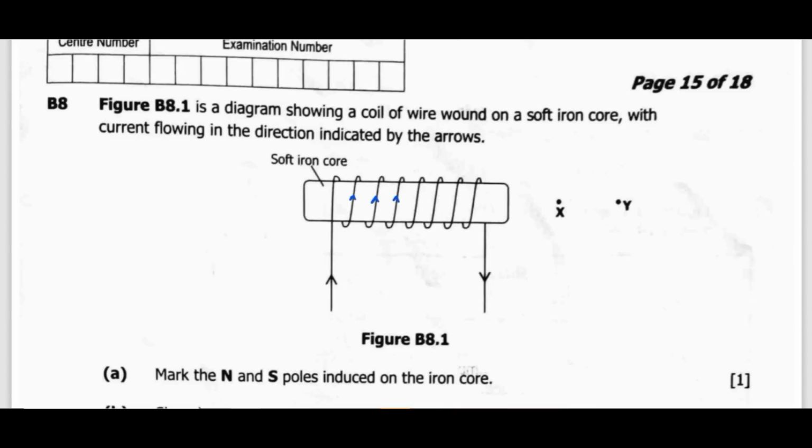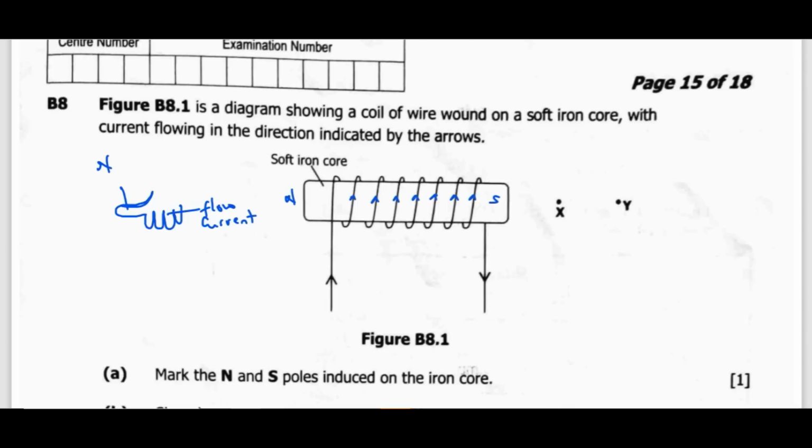So this is the thumb, and these are the fingers. Where the fingers are pointing, this is the flow of current, and where the thumb is pointing, that is the north pole. So here we have the north pole, and here we have the south pole.